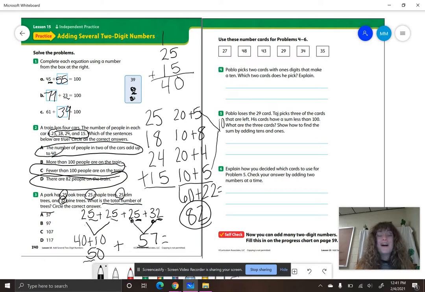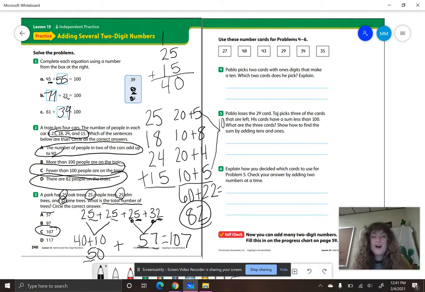A group of 100. So we would have 10 tens. 0 ones plus 7 ones would be 107. So which letter has the correct answer? Letter C.